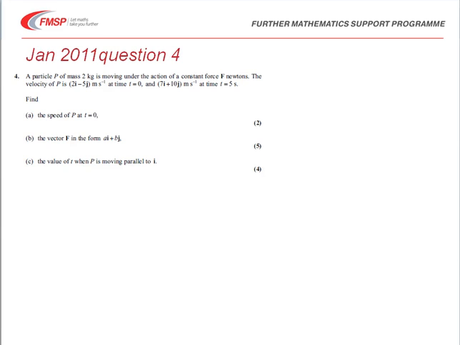So taking those one at a time then, the first one is simply calculating the magnitude of a vector again. So in part A, we're asked to work out the magnitude of the speed.